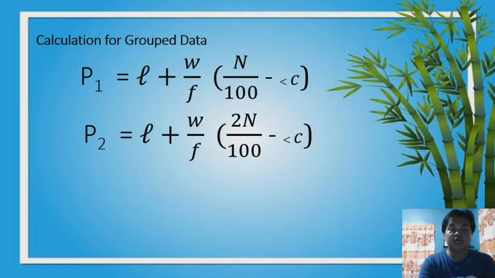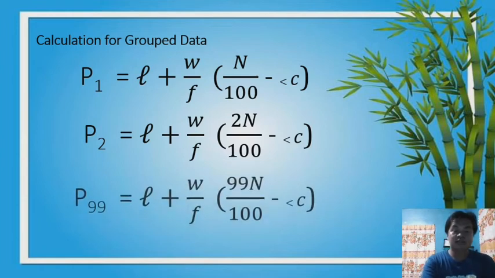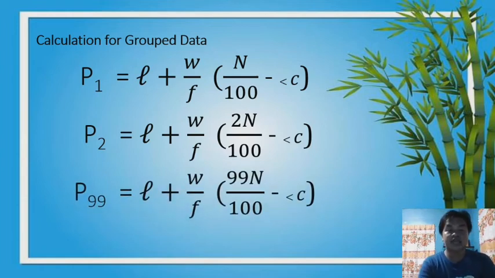So dito, kasi P2, ibig sabihin ang second percentile naman ang hinahanap. Calculation for grouped data. Ganon din sa 99th percentile. So, palagi nating pakatatandaan ang mga formula na ipinakita ko sa inyo.